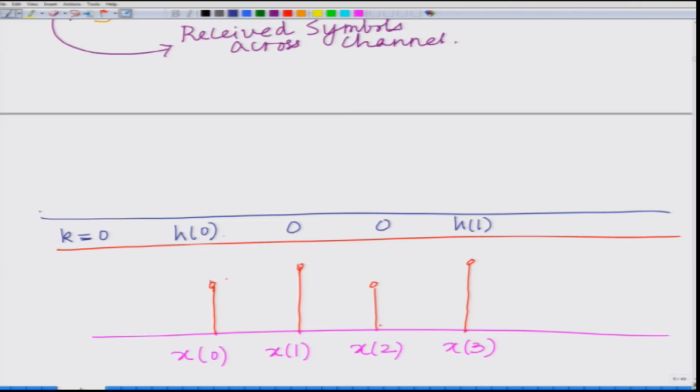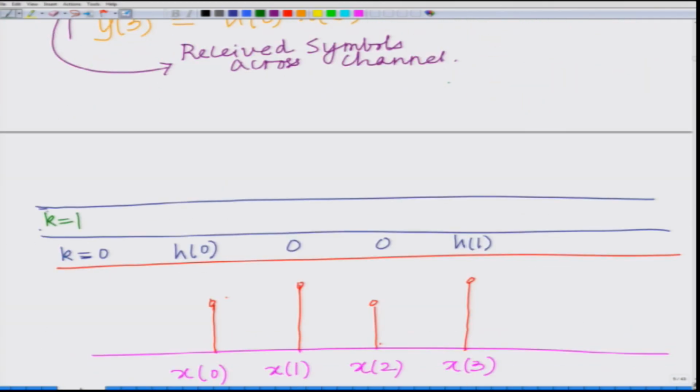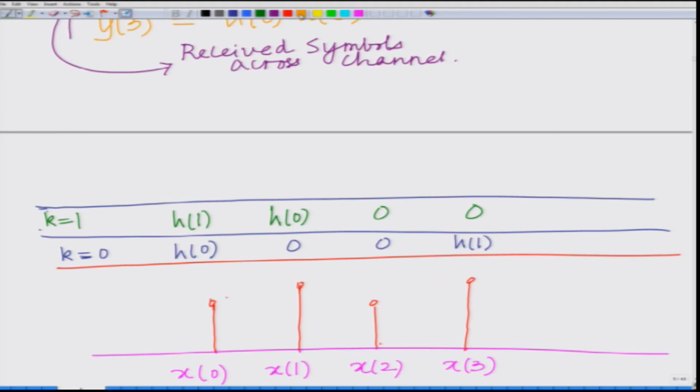That is the effect of the channel on the symbols. Now, let us look at time k equal to 1. I have h0 times x1 plus h1 times x0 plus 0 times x2 plus 0 times x3. I can also include x2, x3 by simply putting zeros, correct.